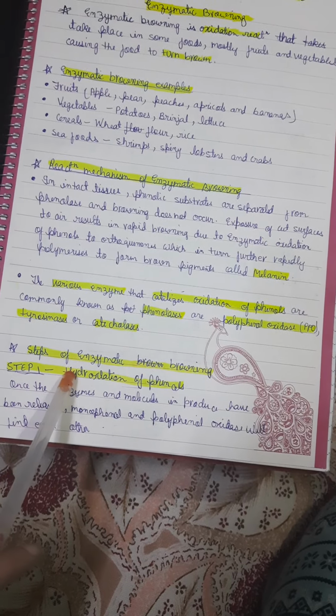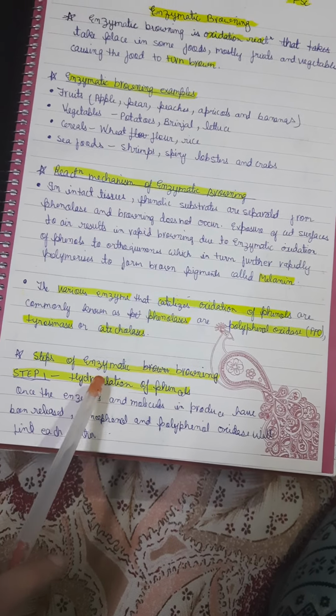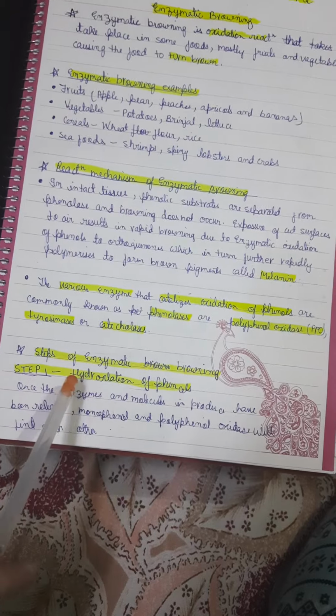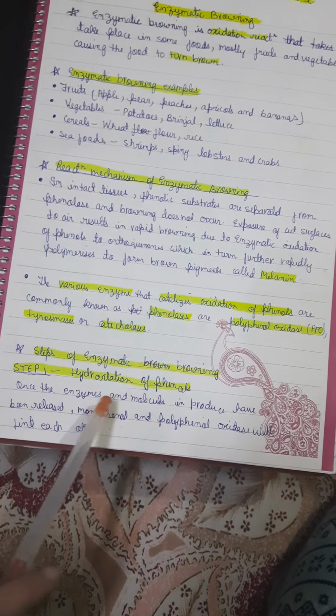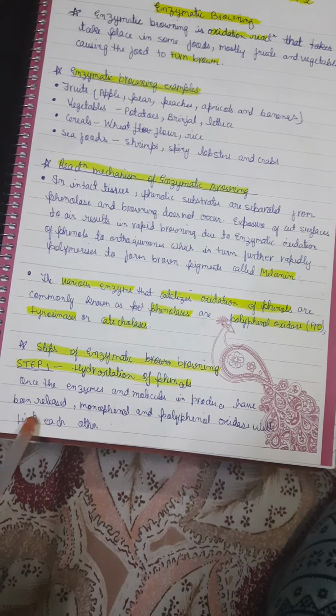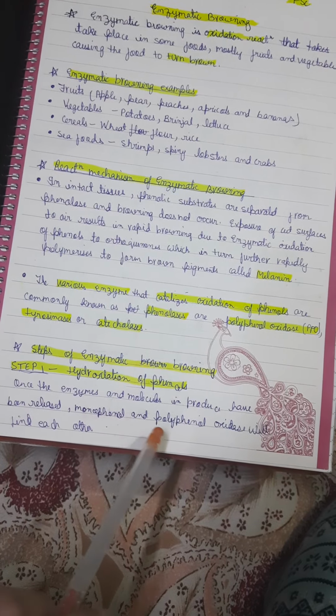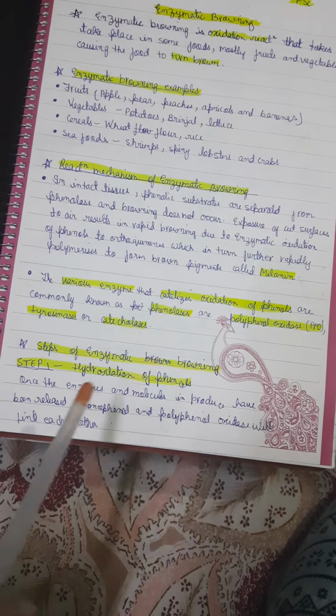Now let us study the steps of enzymatic browning. Step 1: hydroxylation of phenols. Once the enzymes and molecules have been released, monophenols and polyphenol oxidase will find each other.